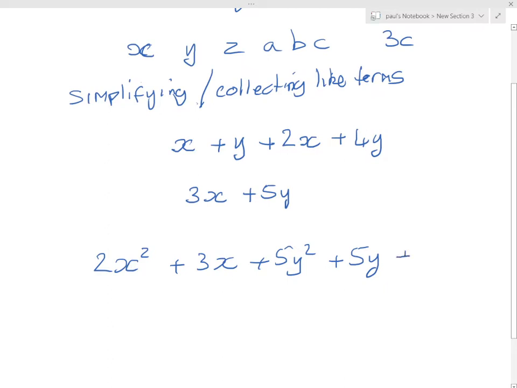But if we had on the end there another 3x squared, you could simplify that bit and that bit together to make 5x squared, plus all the rest of it, 3x plus 5y squared plus 5y. So that's as far as you can simplify. And that's basically what it is. You get to the end of an algebra equation or whatever, you're trying to work something out, and it's always the tidy up line at the end is the simplifying.